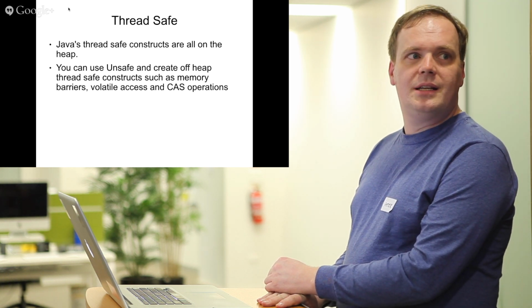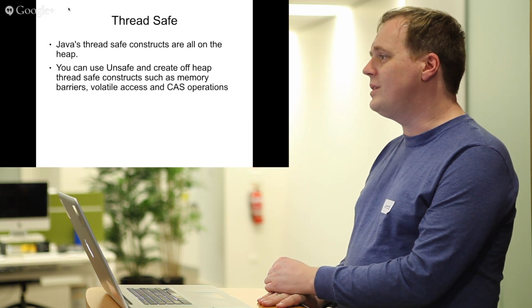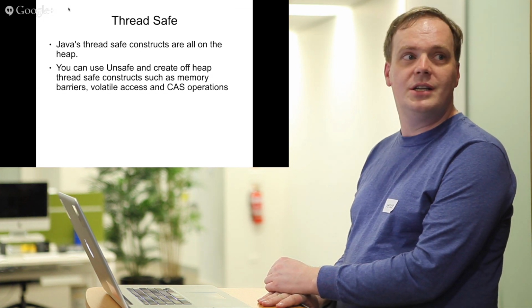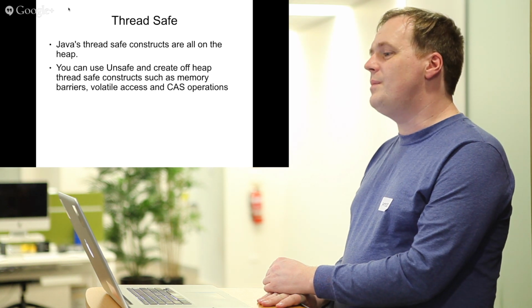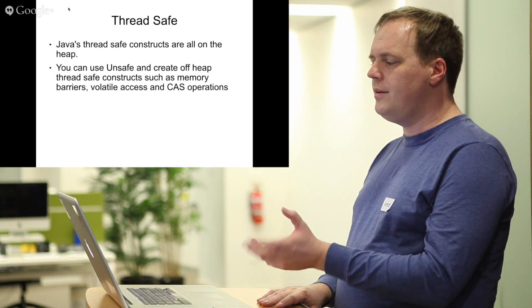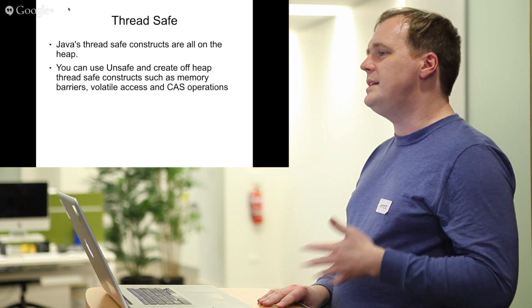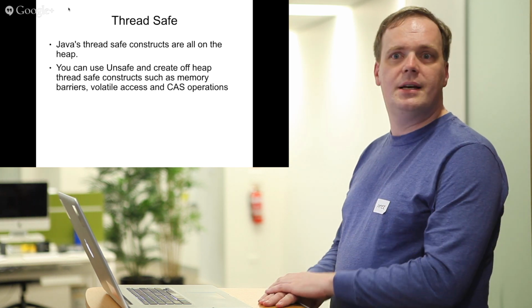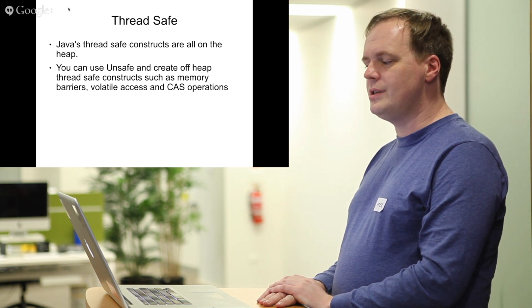This can be particularly useful if you want complete control over your memory accesses, but still want to write it in Java and not have to use any JNI. Now the nice thing about Unsafe is that many of the methods get treated as what are called intrinsics. If you look superficially at the code, it says they're native methods, but in reality the JVM optimizes those methods away and turns them into machine code instructions.